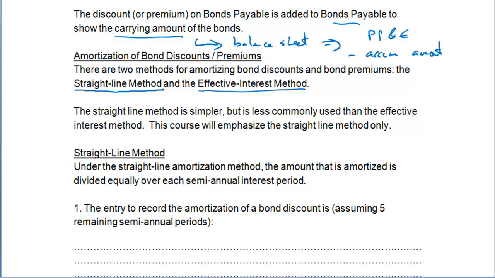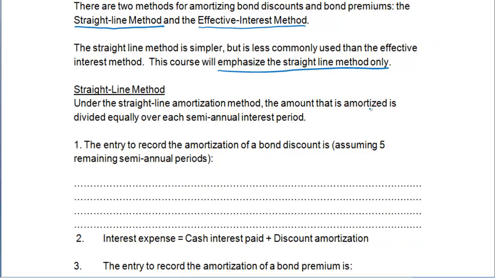We're going to do the straight line method just so you understand the overall process. The course will emphasize straight line only, so from an exam perspective, any calculations you're required to do would only be straight line. You should understand the gist of the effective interest method, but that's about it.